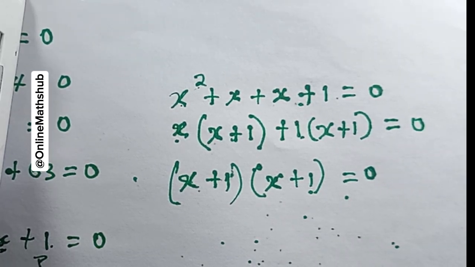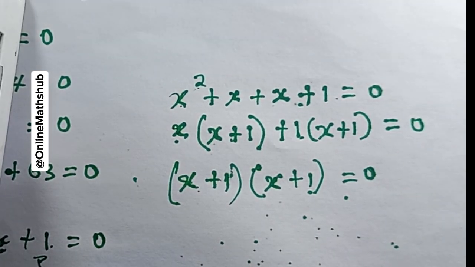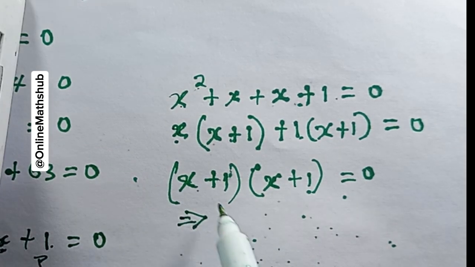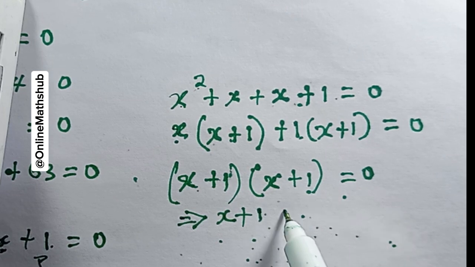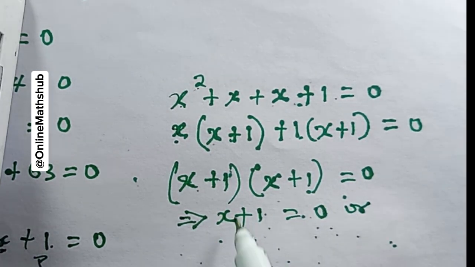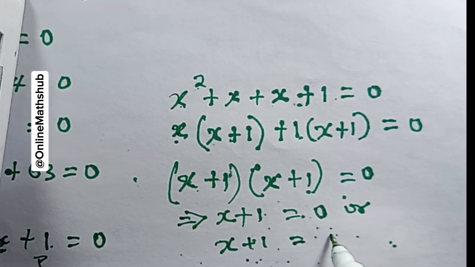Basically you are going to apply the zero product rule, which tells us that either the first term, x plus 1, is equal to 0, or the second term, x plus 1, is equal to 0.